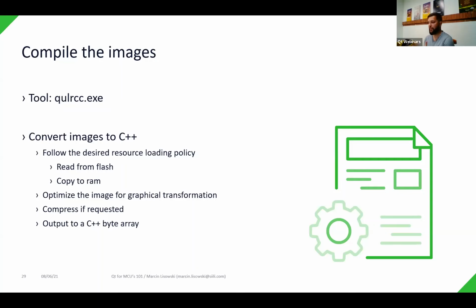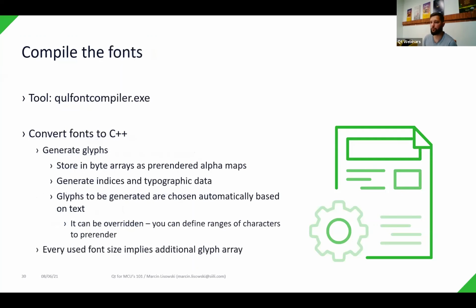Some platforms have custom formats that are used to compress the images, and it's also prepared for that. And well, yeah, the output is the normal C++ array, the byte array, and the images are stored normally as bitmaps, and in the compressed formats, of course, as the binary format.